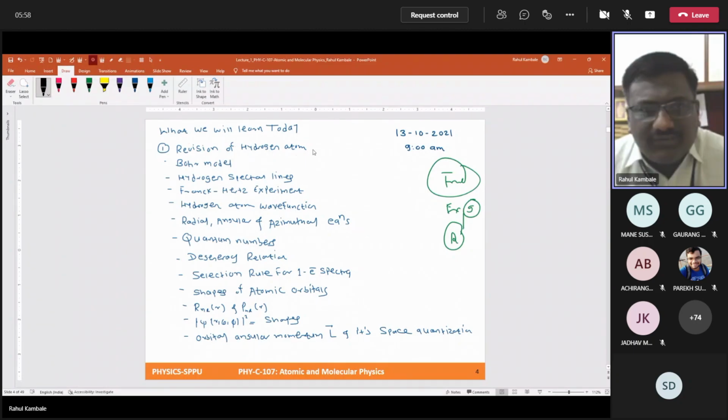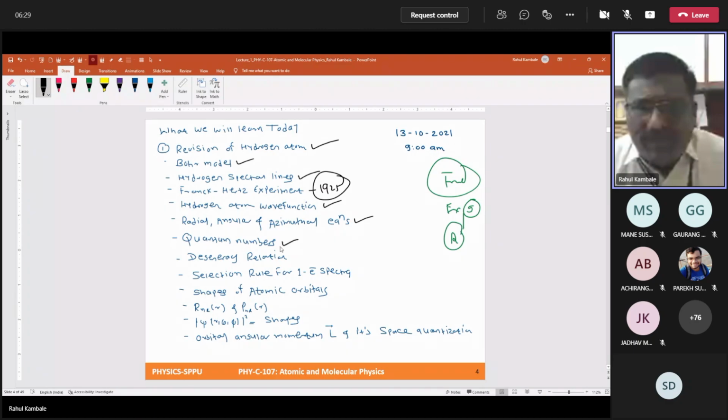So let us go back to the 12th standard. Today we will see a brush-up class, a revision of the hydrogen atom. You have learned the Bohr model, then hydrogen spectral lines. Then I hope batch C enjoyed the Franck experiment, a Nobel Prize winning experiment in physics, 1925. Then the hydrogen atom wave function, then we will get 3 different Schrodinger equations for 3 different things.